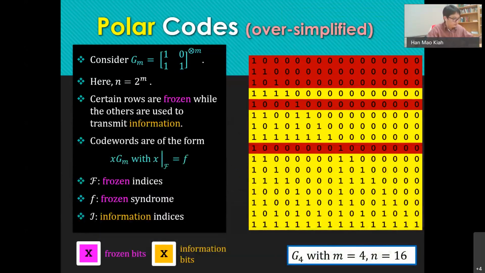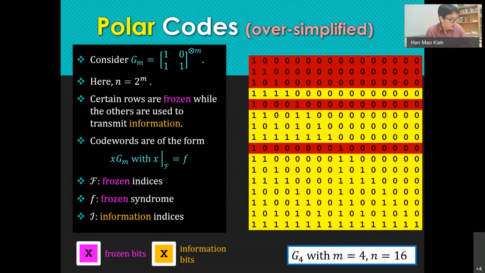Okay, so what are polar codes? Let me present a very, very simplified explanation. Polar codes are best described by this matrix G_m, which is also known as the polar transformation matrix.